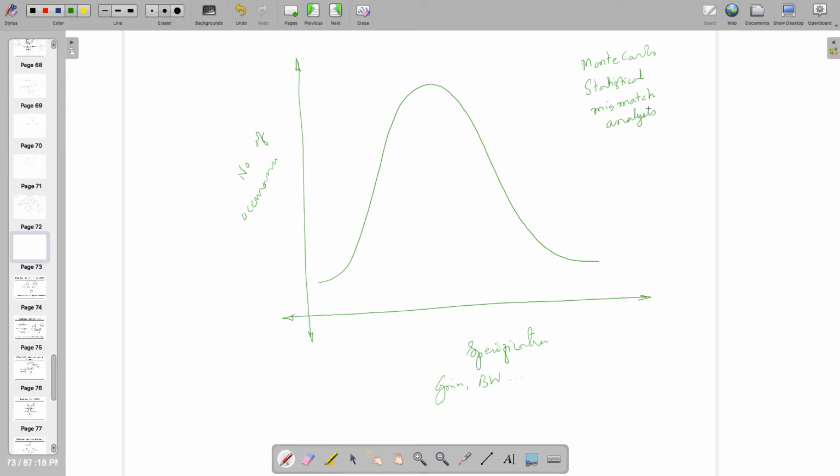So in that case, the output will look like this one. For different occurrences, you're going to see that the output is actually from some range, where there'll be some mean value and some standard deviation of sigma.